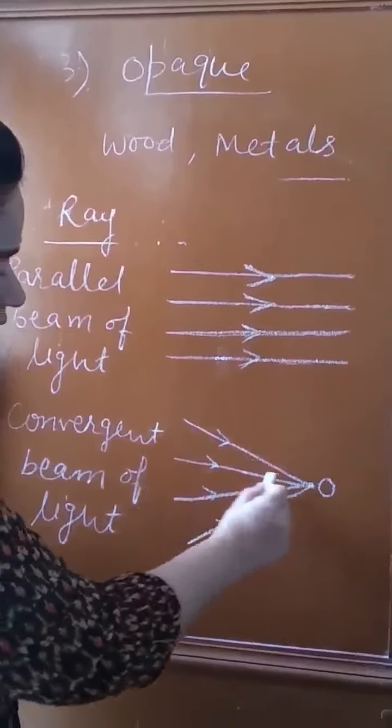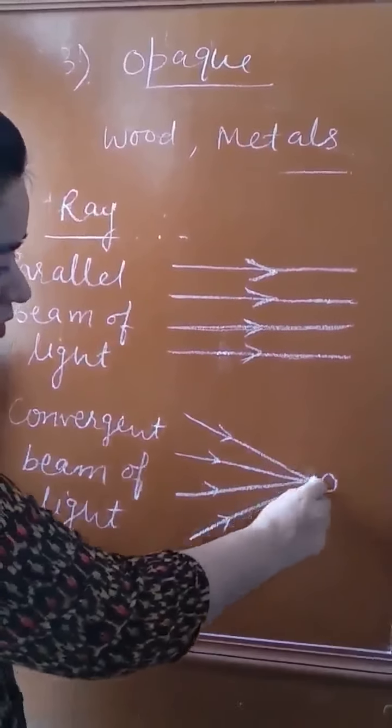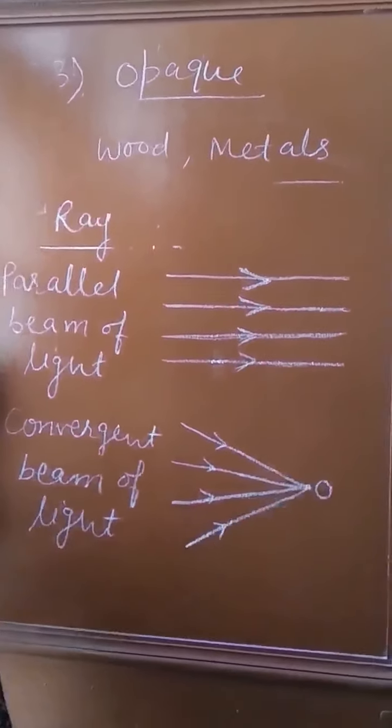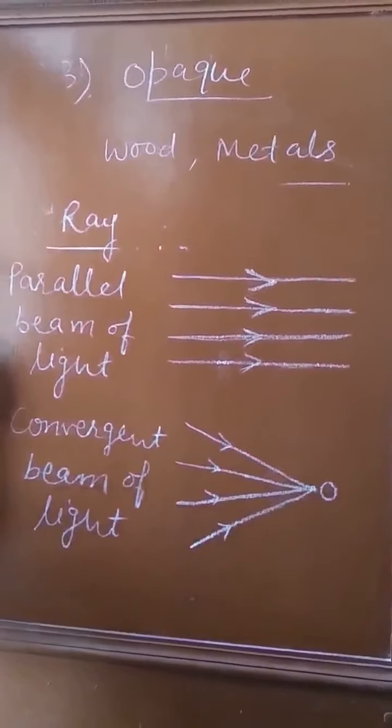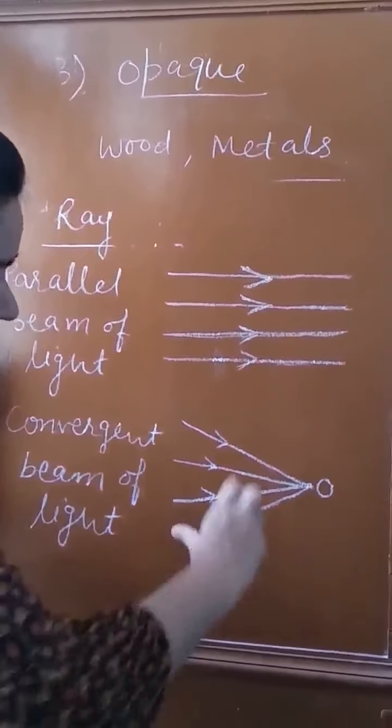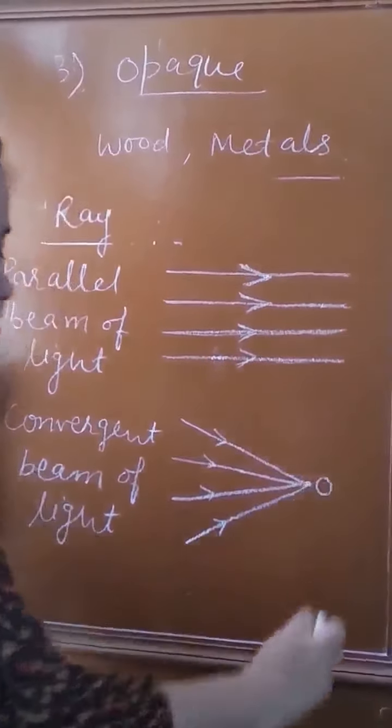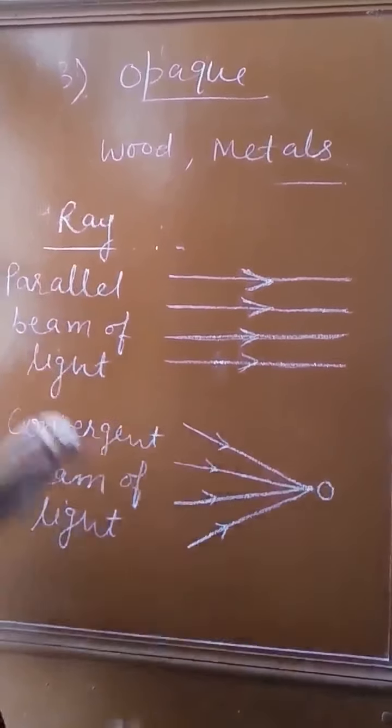The distance between these rays goes on decreasing and they meet at a point. This is called a convergent beam of light. Means actually these rays converge at this point O.